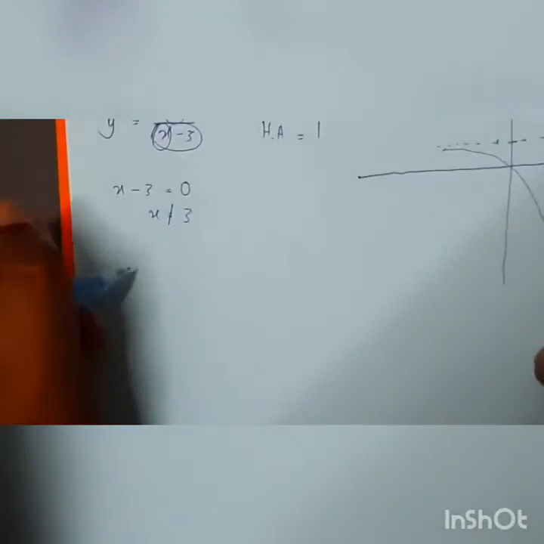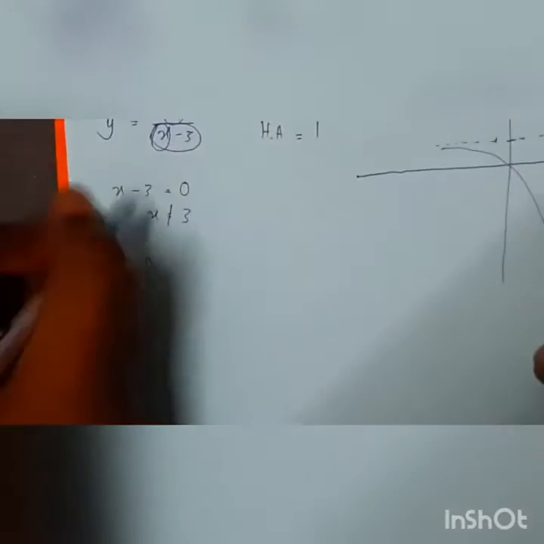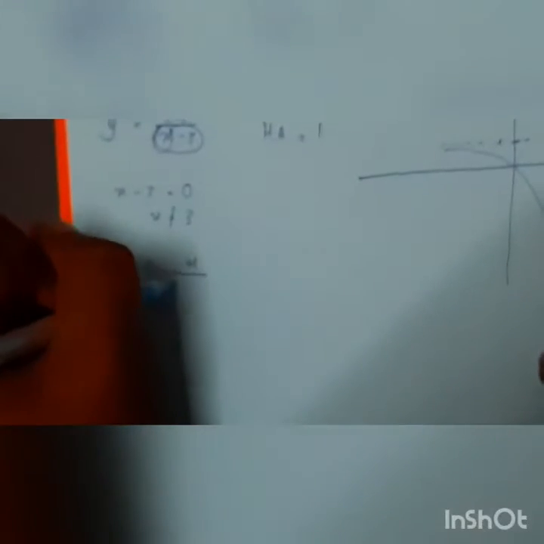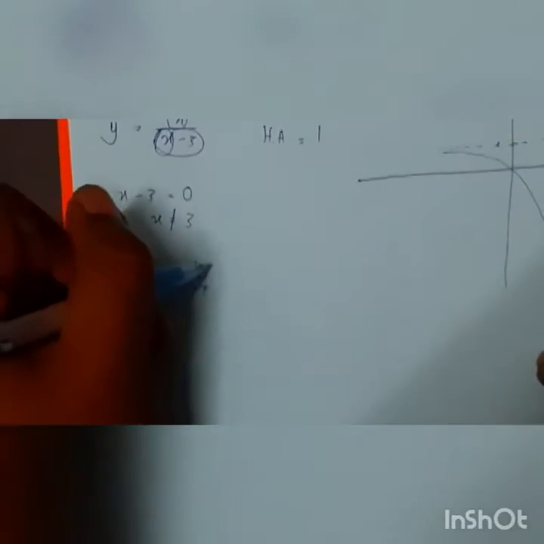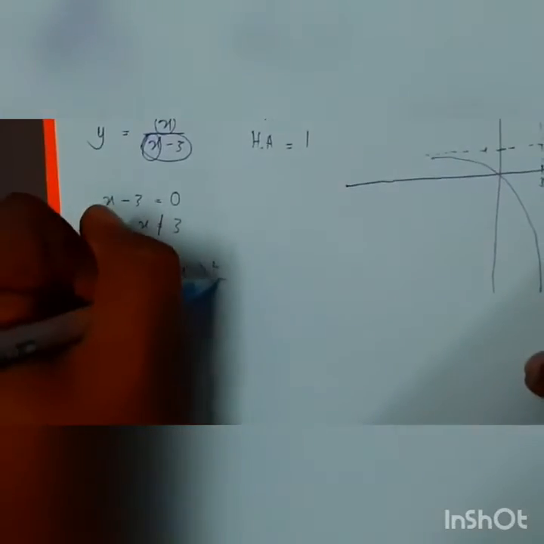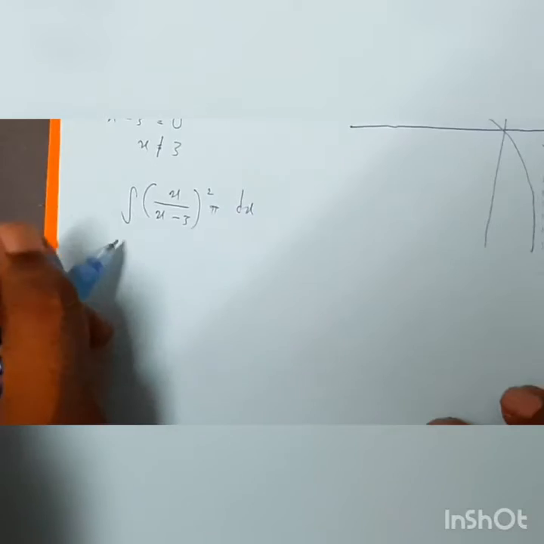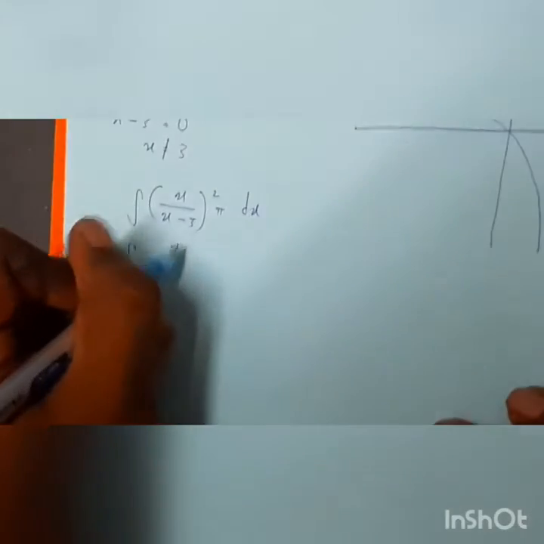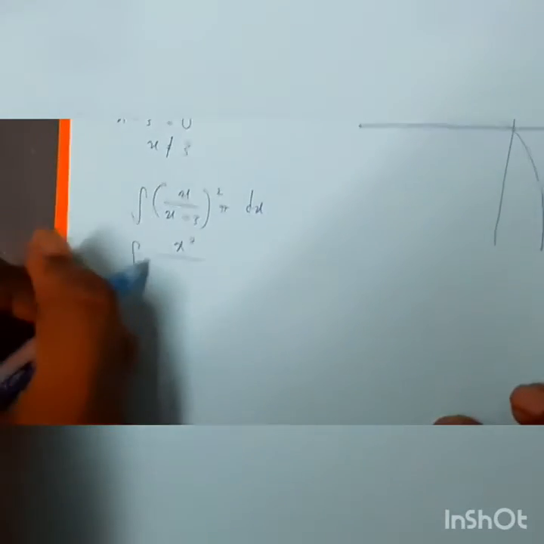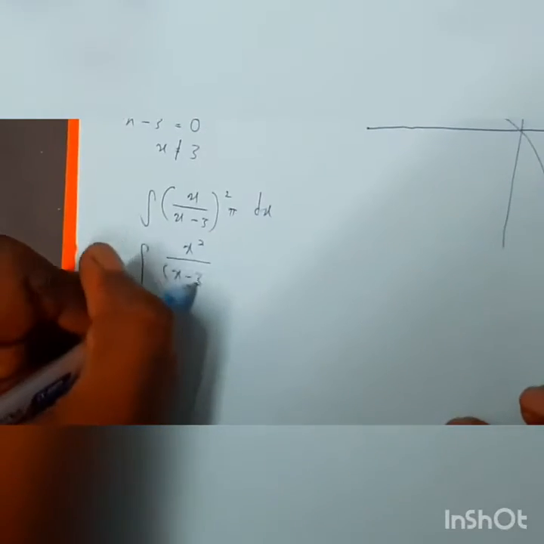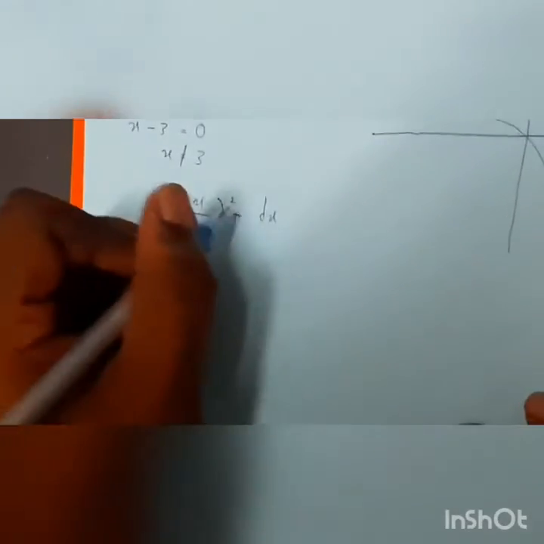To find the volume, all we need to do is integrate x over x minus 3, squared, dx. To do this, we need to expand it, so it will become x squared over x minus 3 squared.